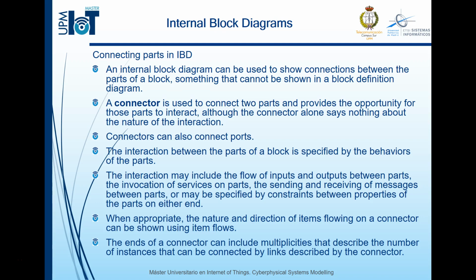But there is a problem here. How can we model which information is flowing in and flowing out of a block? And which information are we sending from one block to the other? So this is the next step.